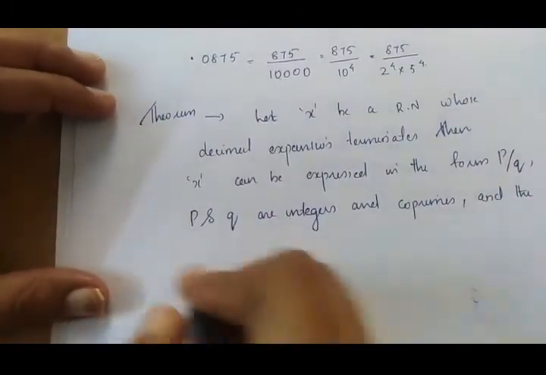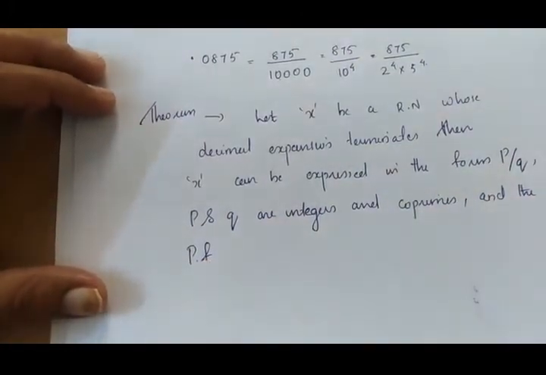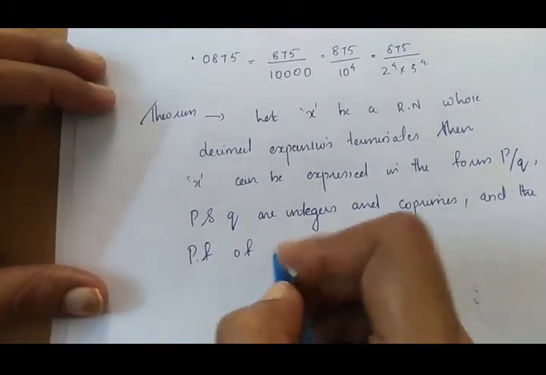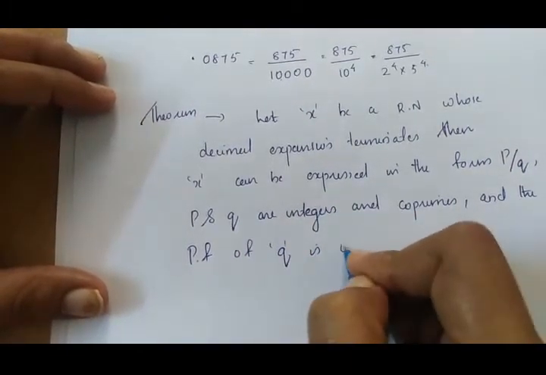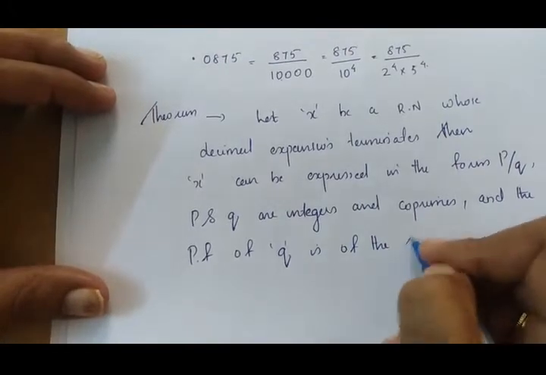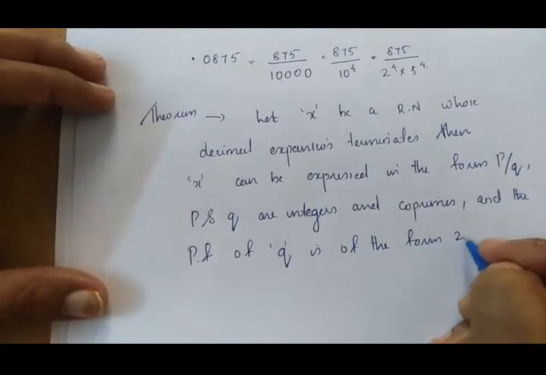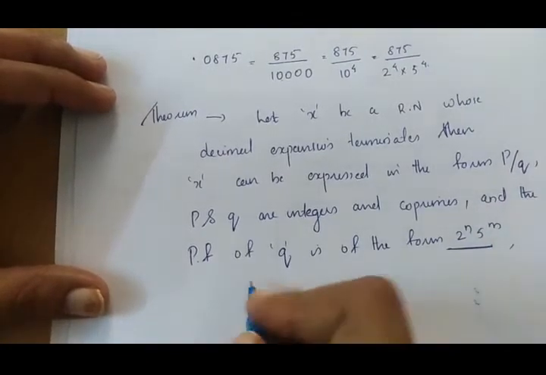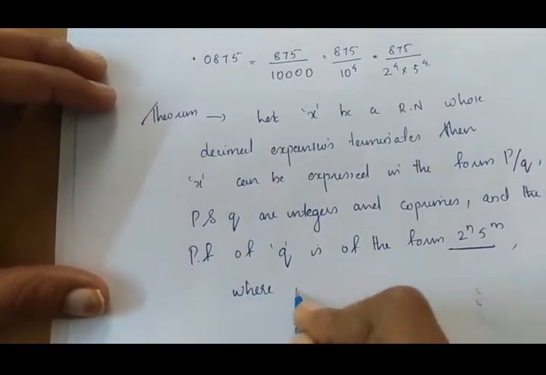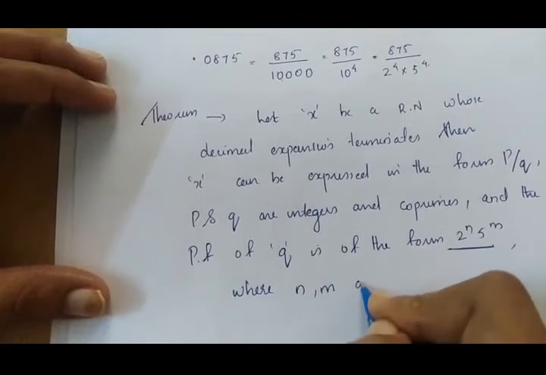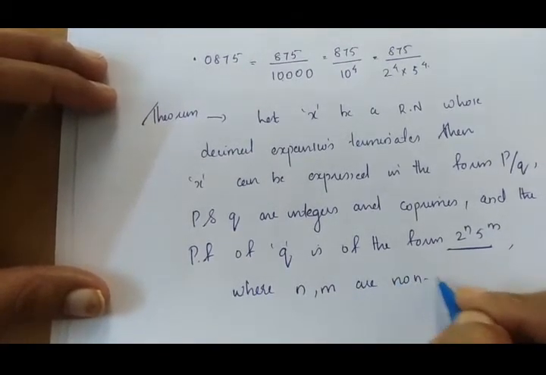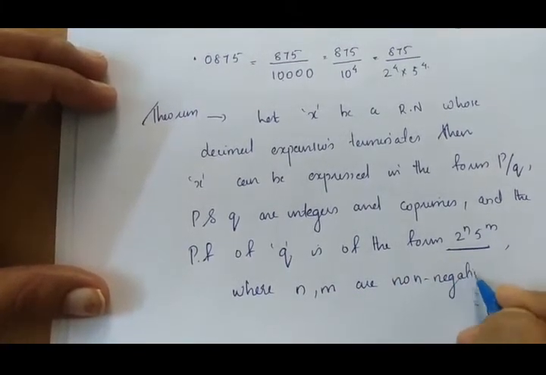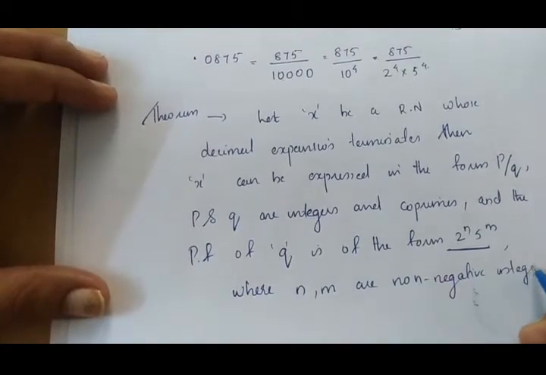and the prime factorization of q is of the form 2 raised to n into 5 raised to m, where n and m are non-negative integers.